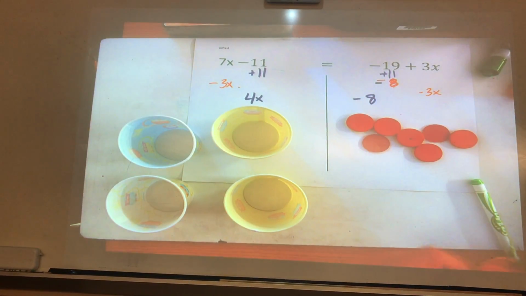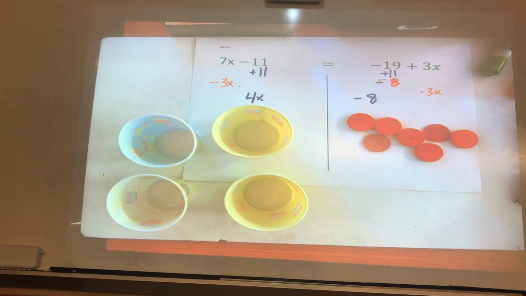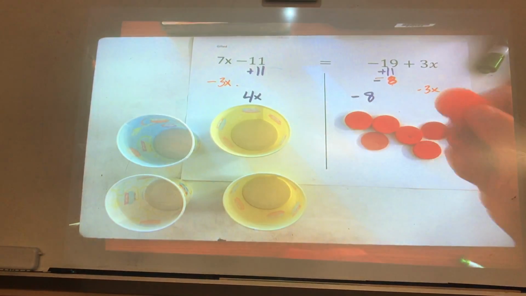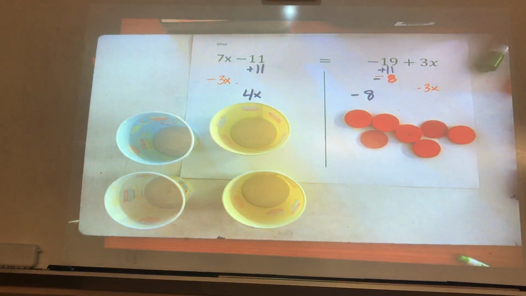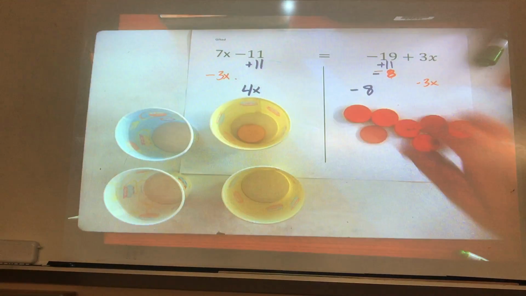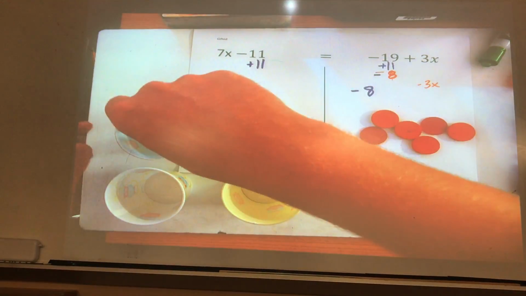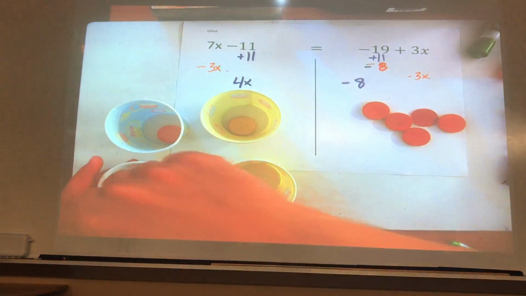So remember, when we're putting these chips in, that we don't forget that there are negative going into the bucket. Divide them out evenly.